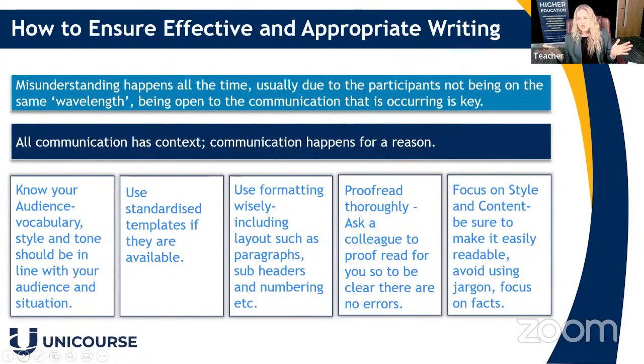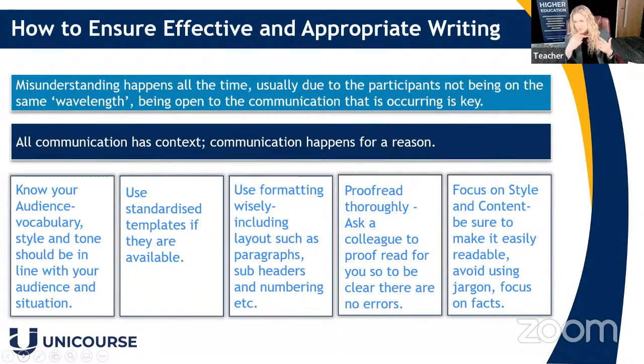Okay, so how do we ensure effective and appropriate writing? Now, talking about what we just spoke about, like the tone, the structure, the language, the formality, it's important that you understand that misunderstandings do happen all the time. People from all different backgrounds come together to work together, especially when you think about organizations working globally.